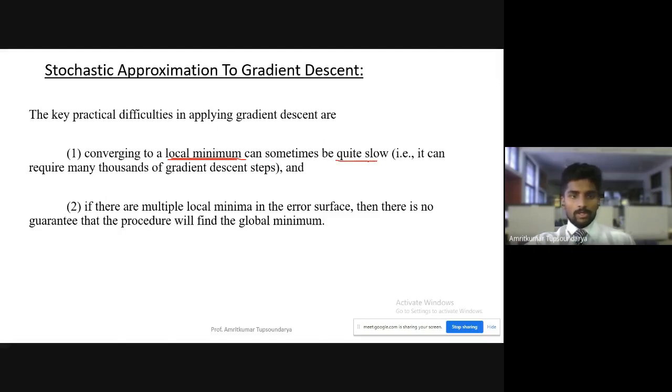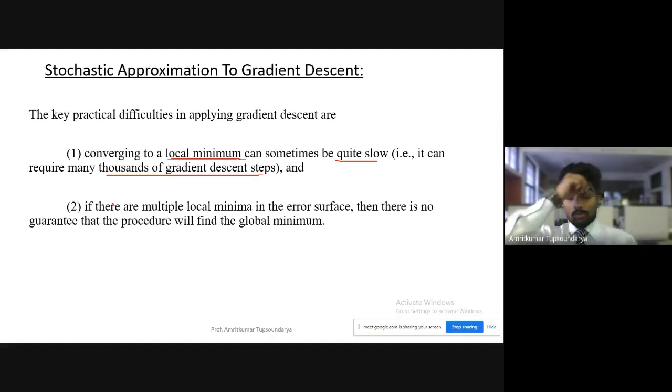It can require many thousands of gradient descent steps, because we are processing each and every step. We find the weights of each input value, then compute the change in the weight, and then compute the error. So we may require thousands of gradient descent steps to reach a nearby local minimum.